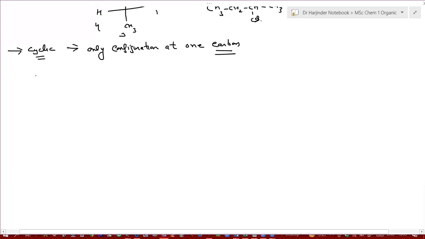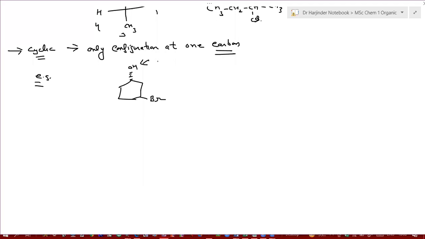Suppose, for example, you have this kind of situation, and say here you have Br. Now the configuration of this carbon and this OH group is mentioned, and it can be seen over here that it is present below the plane.